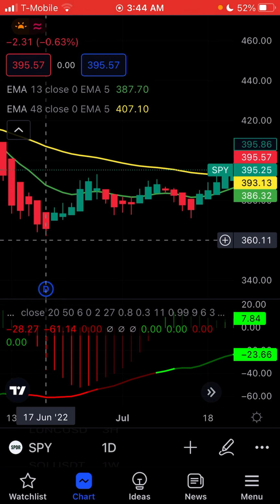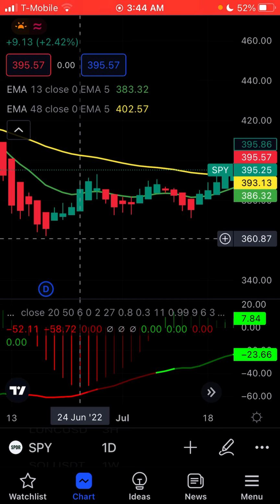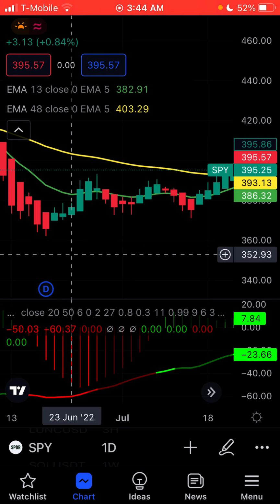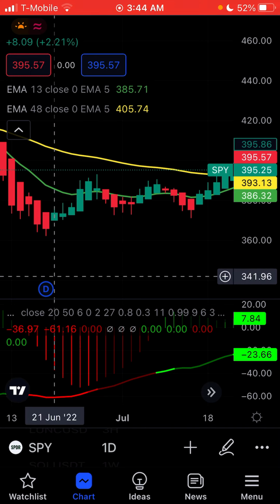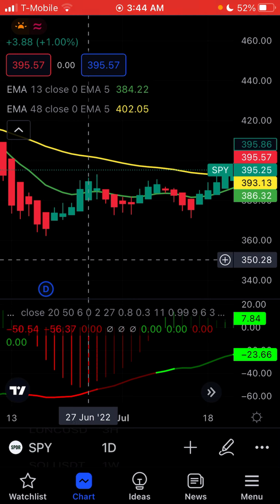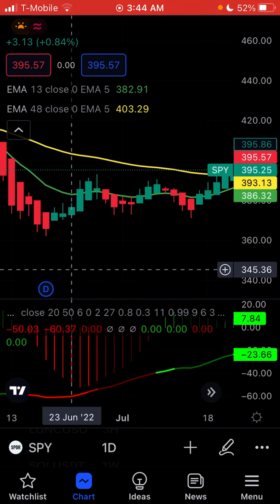It's a downtrend. But when the red bars start going a little bit darker, that means it's starting to go up. So when I see darker red, that's a signal to me that the market is going to start to go up.